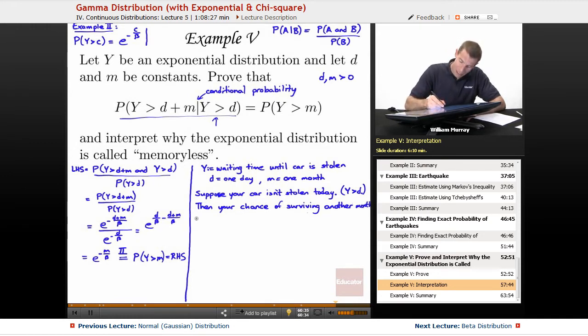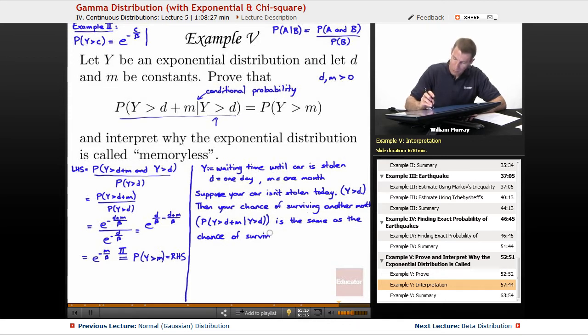So what we're really calculating there is the probability that your car will now survive a day and another whole month, given that it's already survived 1 day. What we're saying here is that it's the same as the chance of surviving a month from today, just starting today.